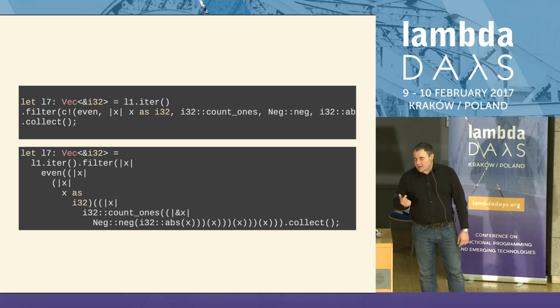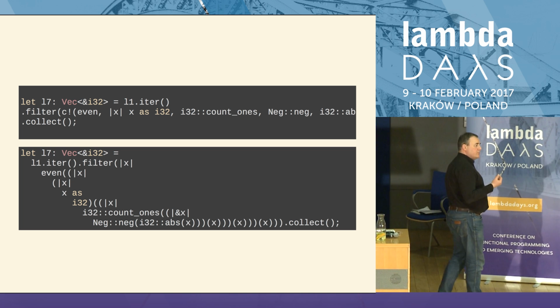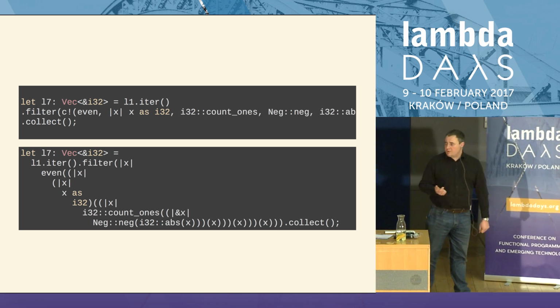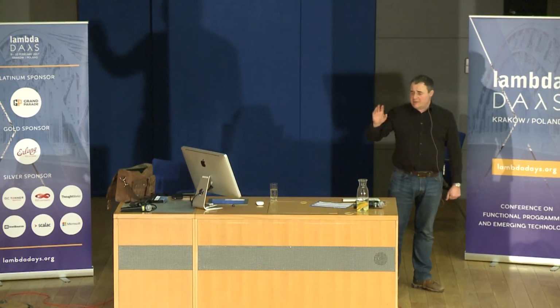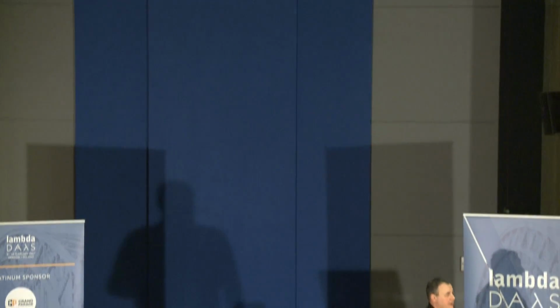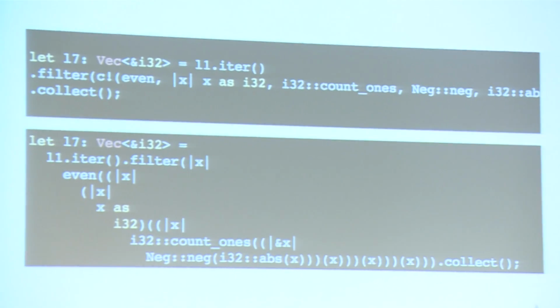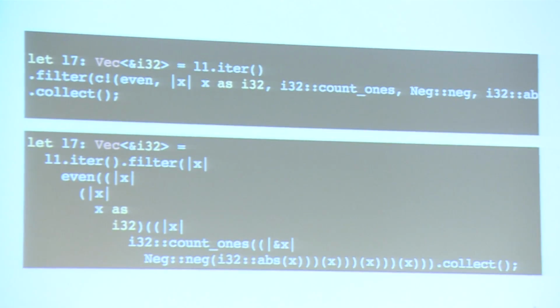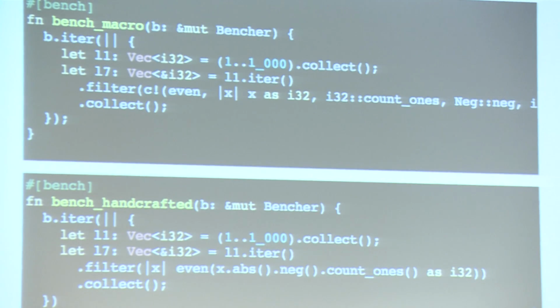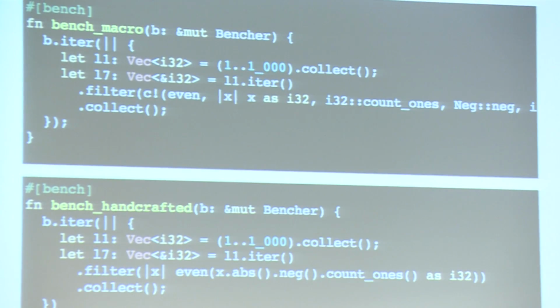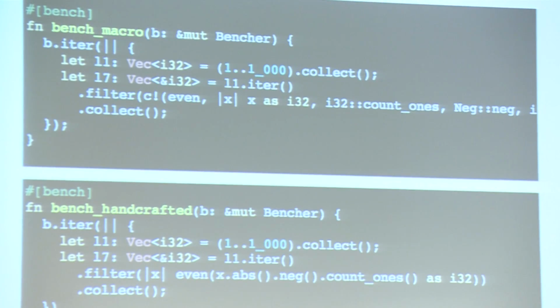It's not something a human would write. So maybe we're losing something. Maybe we should just forget it all and, like any normal human Java programmer, write it ourselves and forget those closure compositions. So I've created a benchmark. Rust, being a language that is focused on performance, has built-in benchmarking facilities.